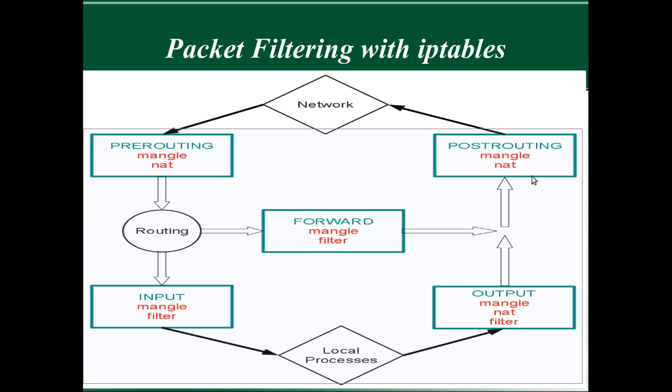Post routing, because the routing decision has already been made, the destination of the packet has already been defined. Now our objective could be to change the source address, or source network address translation, or SNAT. Forwarding means any traffic coming from a network and going out to a different network, which is simply passing through this firewall.